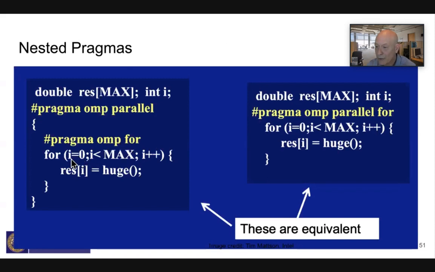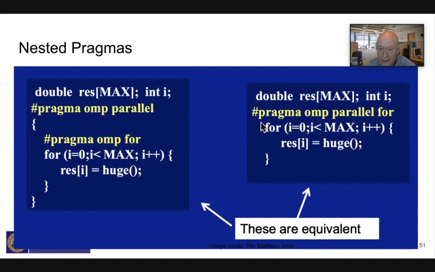This does not create a new parallel region. It just uses the existing parallel region because we've dropped the parallel keyword from this pragma. What would happen if we had made a mistake and said pragma parallel OpenMP for? Then we'd have some nested parallelism going on, and that's probably not what you want.